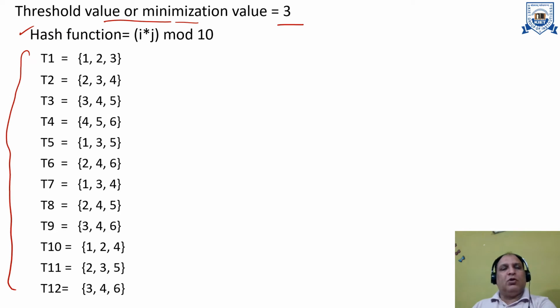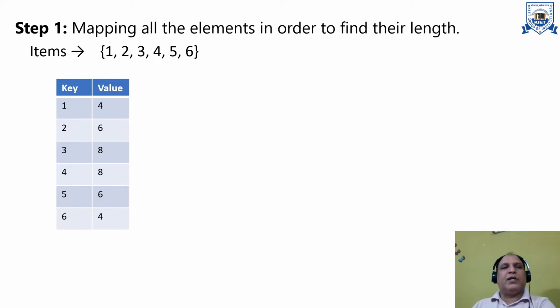Now depending on all these transactions, what is the next step? We try to make the pairs, mapping all the elements in order to find their length. So the key values from the transactions given are 1, 2, 3, 4, 5, 6, meaning every transaction depends on the items belonging to this item set.